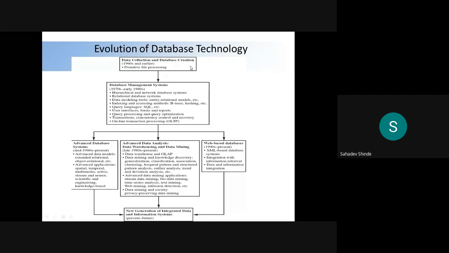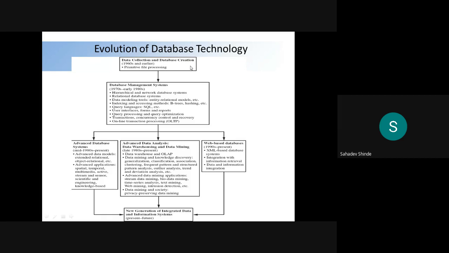This diagram, or this tree, is about the database technology. Collectively, we saw how you are going to store and retrieve the database, what the advanced database systems are, what data warehousing is, what data mining is, and what web-based databases are. All of this is covered in the evolution of database technology.